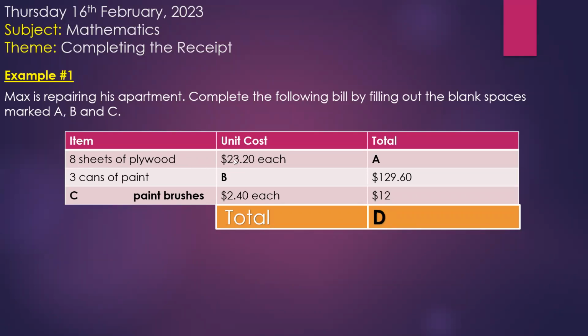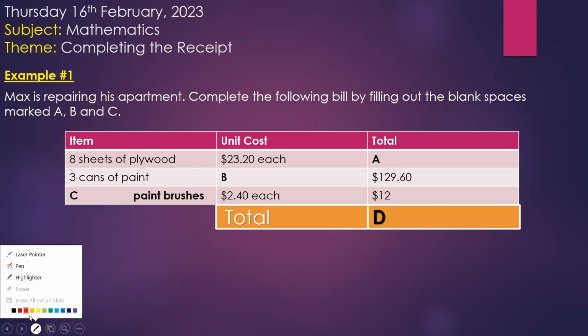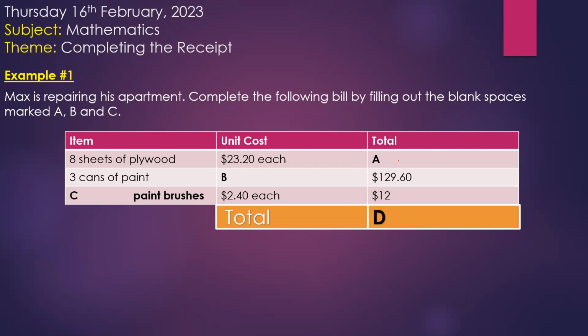And the cost for each plywood is $23.20. So you're going to say 8 times $23.20. Because he got 8 sheets of plywood, and each one of them costs $23.20, so we're going to multiply it by 8. So that's the first way we're going to get A. So we're going to say 8 times $23.20.